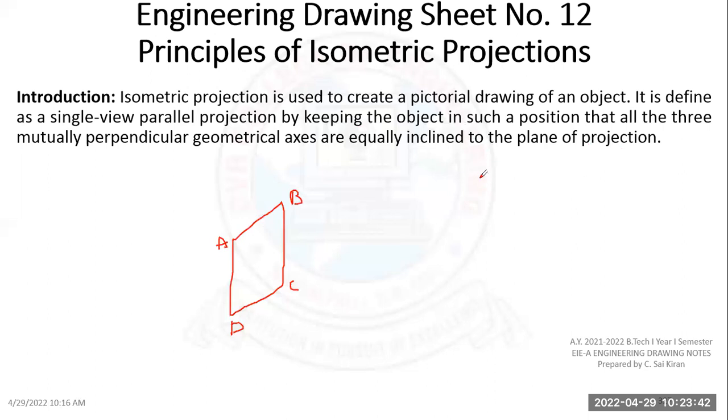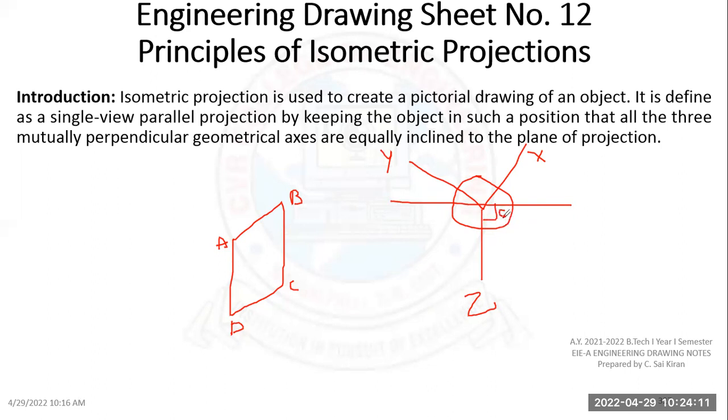Suppose I explain once again. This is my Z axis. This is my X axis, making an angle of 120, and again making an angle of 120, I'll get my Y axis. If I draw a horizontal line through the intersection point of X and Y, this will already be 90.